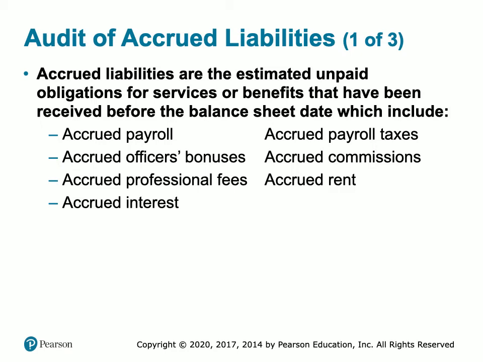And so you need to look at the bonus schedule, any bonus program that the company has, not just for officers, but for rank and file employees, and look at their judgment accruals that are being done, and then look at subsequent payment of it. So you would go back to last year's bonus accrual and see when that was paid, and verify that it was all paid.